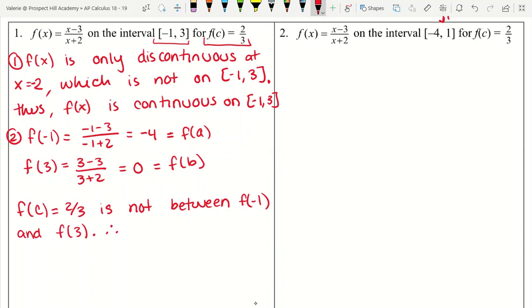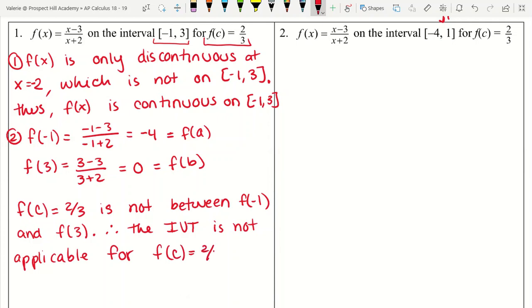Therefore, the IVT is not applicable for f of c equals 2/3 on the interval -1 to 3.